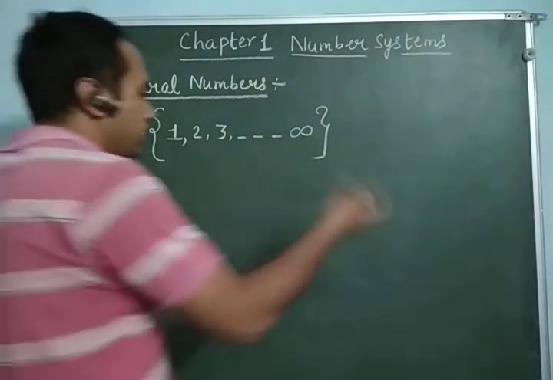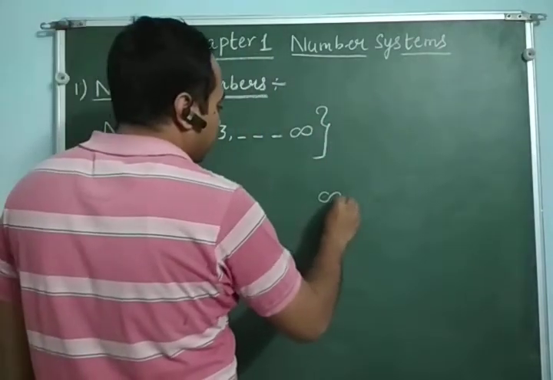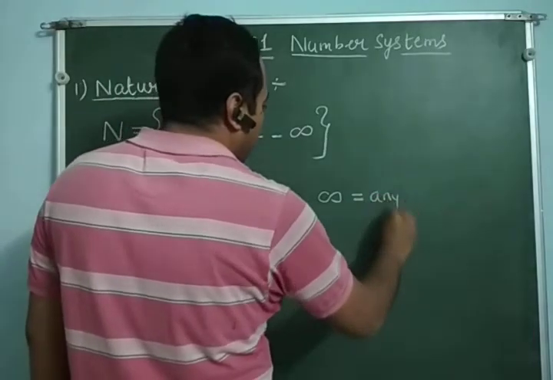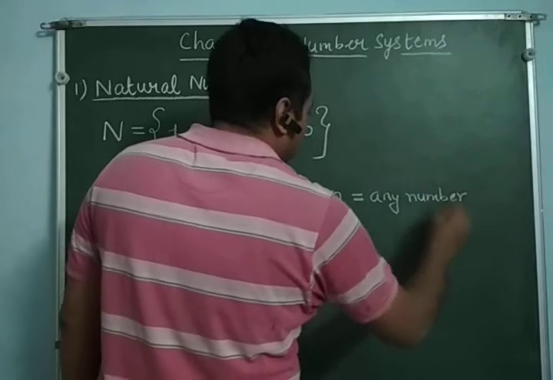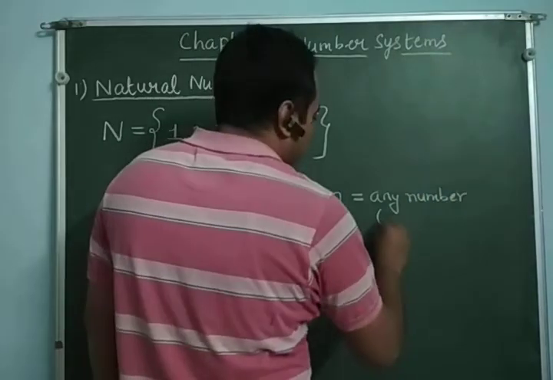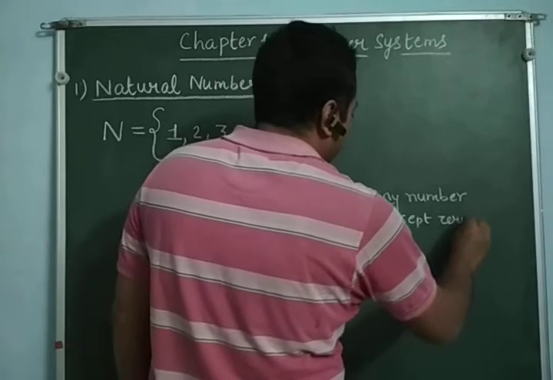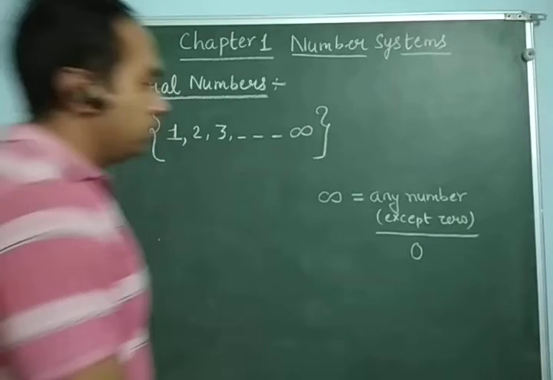Now if someone asks you how you get this infinity, you can say like this. What is infinity? Infinity is any number in brackets, except 0, upon 0.